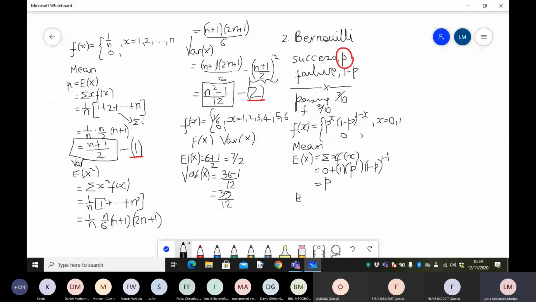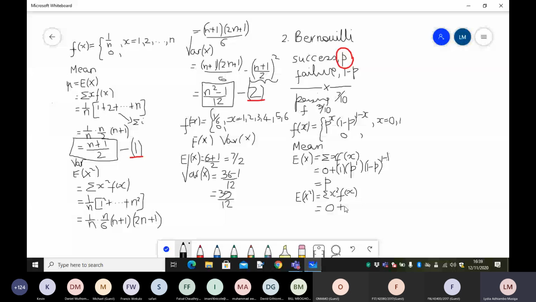Okay, what about variance? For us to get variance, first we need to get expectation of x squared. This is going to be the summation of x squared f of x. Again, there are only two values of x. When x is 0 and we substitute in x squared f of x, we get 0.